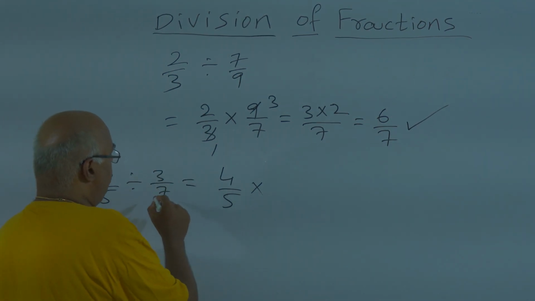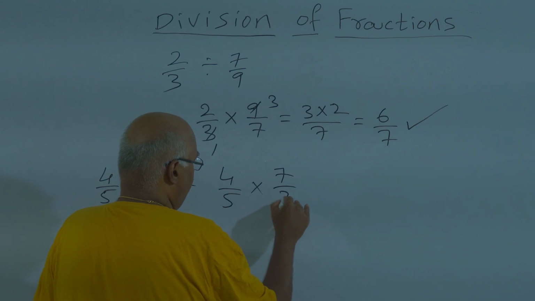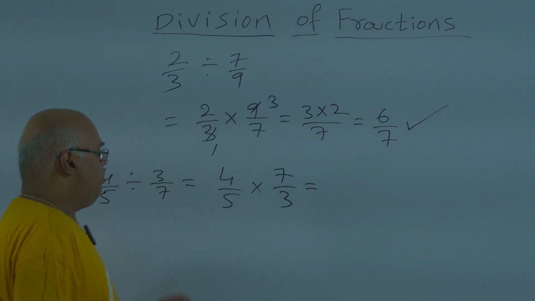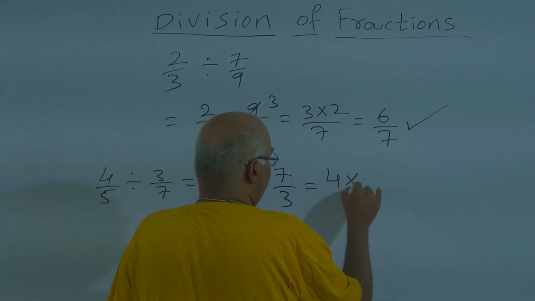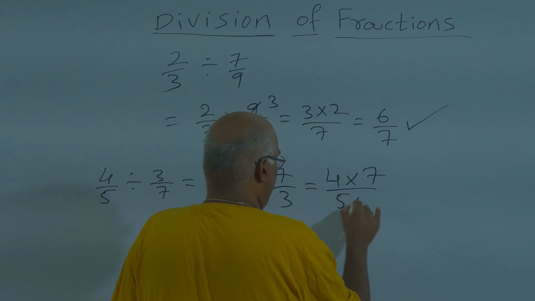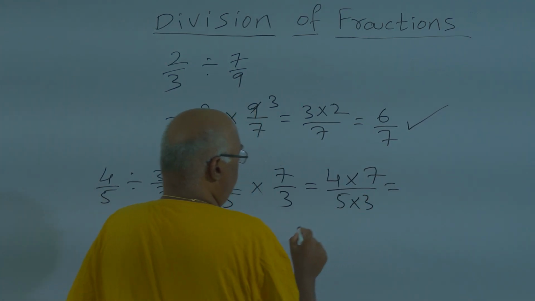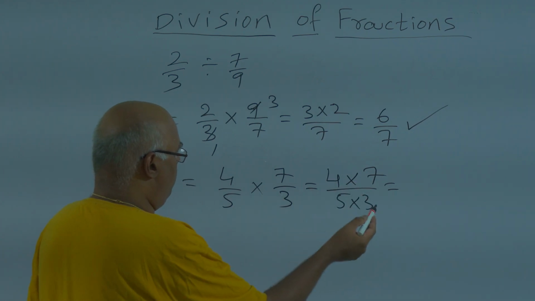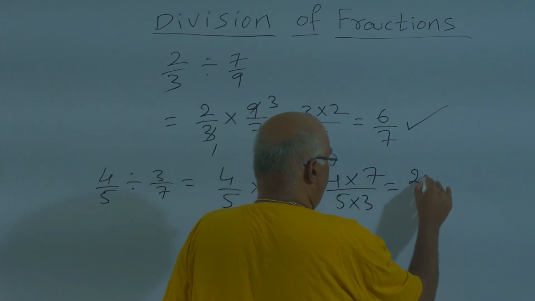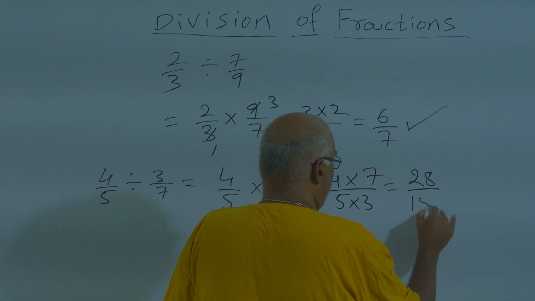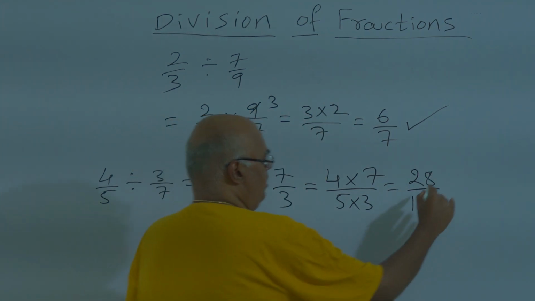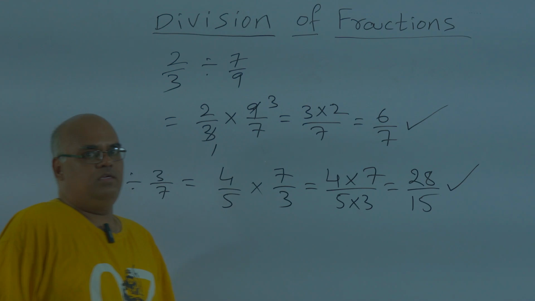So the multiplicative inverse of 3 by 7 is 7 by 3. So this is equal to 4 into 7 by 5 into 3. Is there any common factors? No common factors. So 7 4s are 28, is equal to 28 by 15. So this is the required answer.